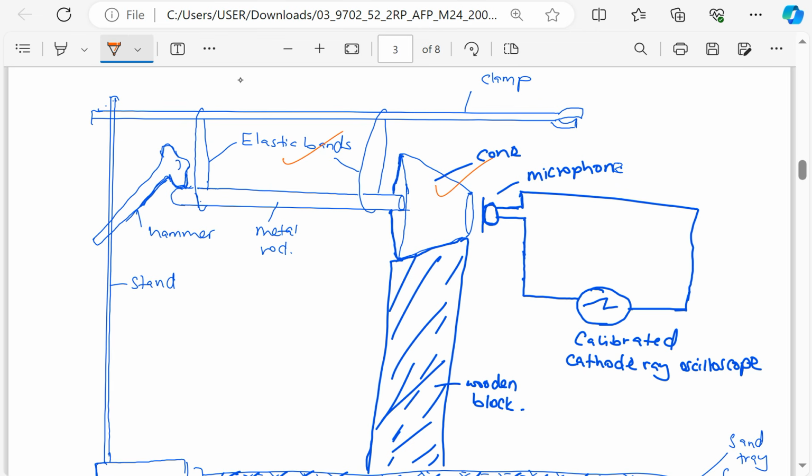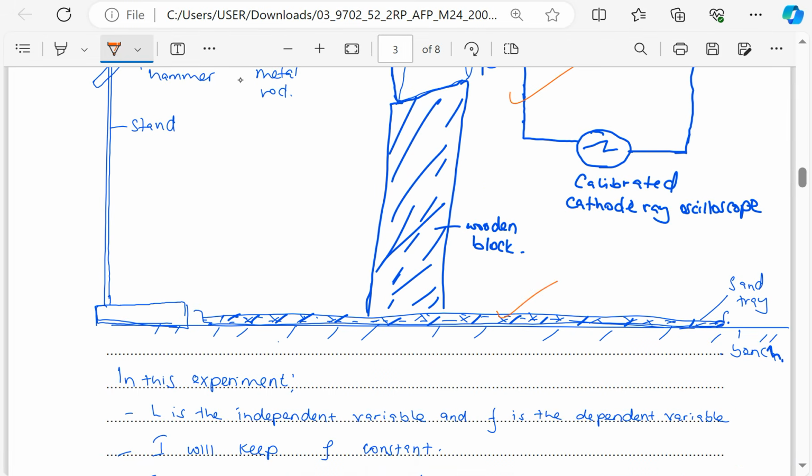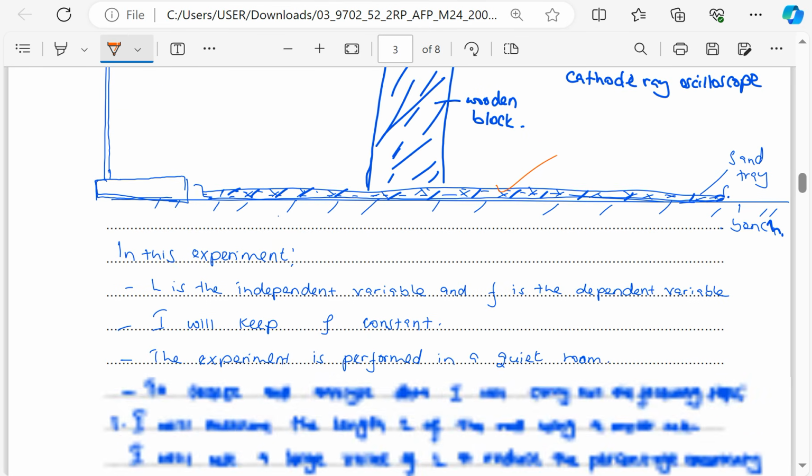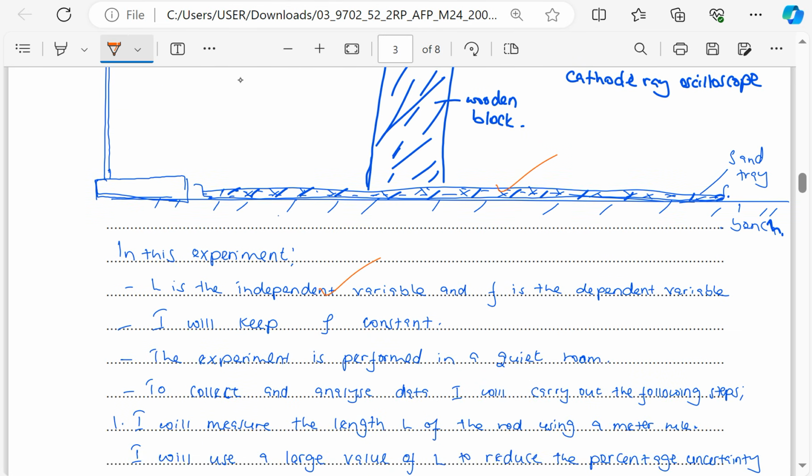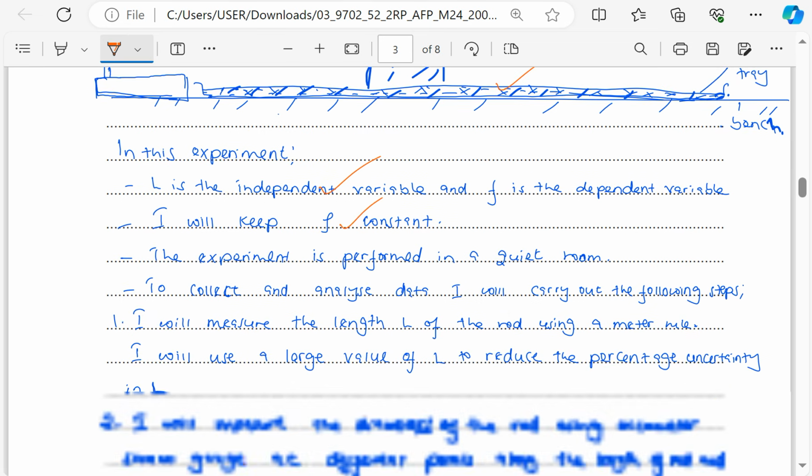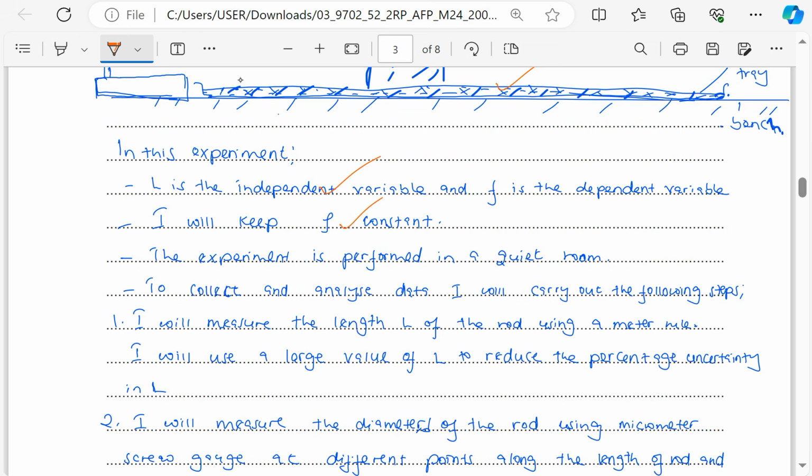The microphone and the calibrated cathode ray oscilloscope would give me a mark. This sand tray would give me a mark, but could be credited under safety precautions. Saying that L is independent and F is dependent, that is a mark. Saying that we'll keep rho constant, that is correct, to give a mark.